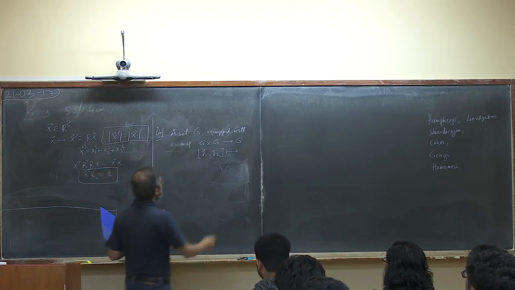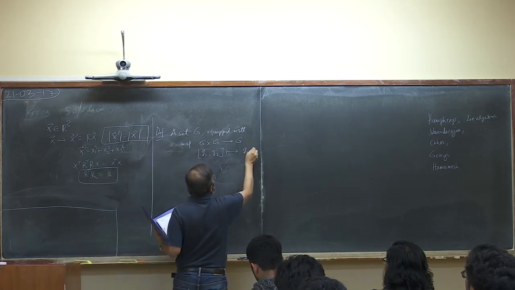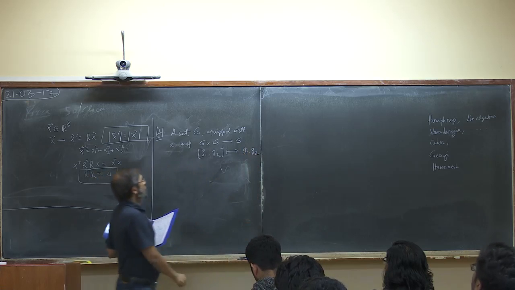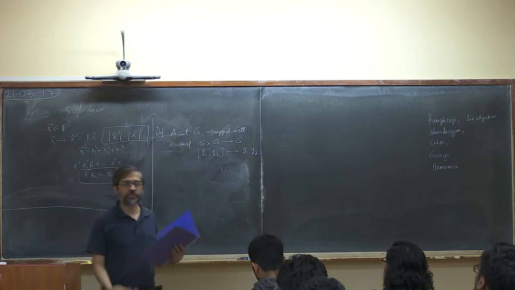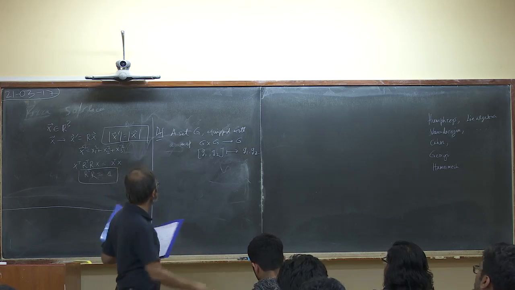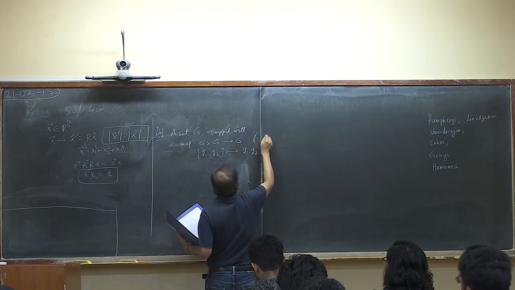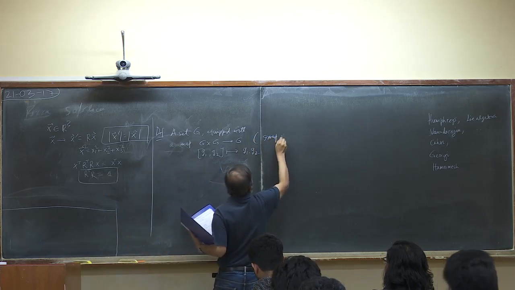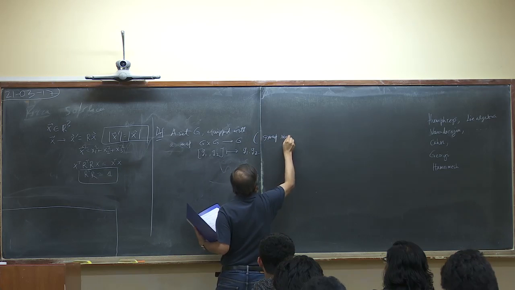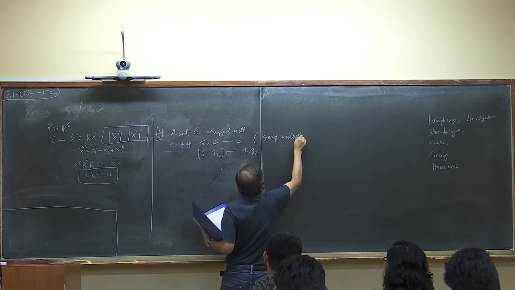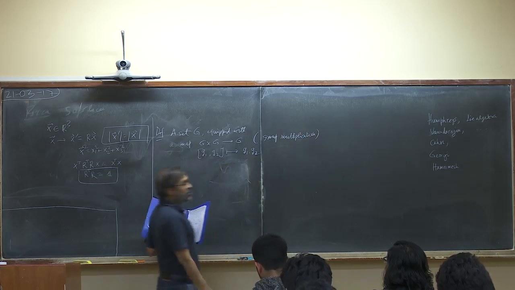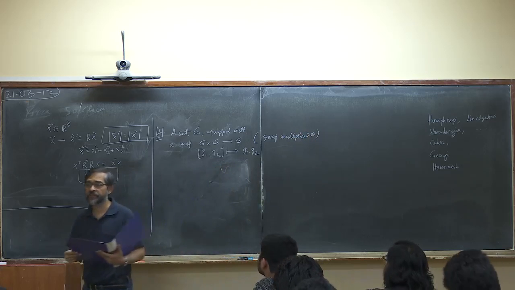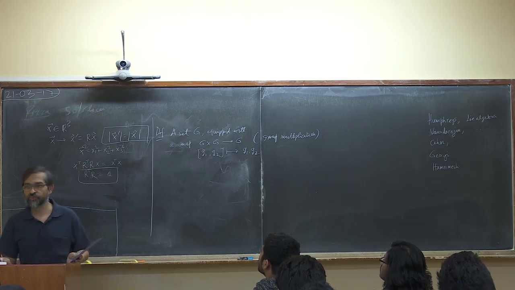Okay, so this object has a name. I'll call it G1.G2. This is called group multiplication. This is an abstract concept. Depending on the situation, I could even define addition as a group multiplication.